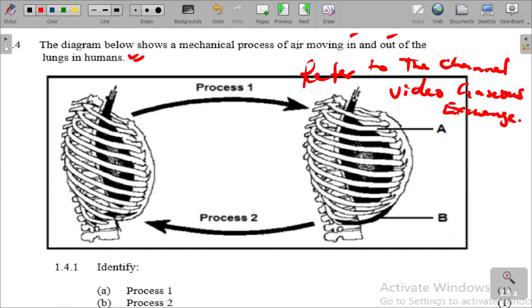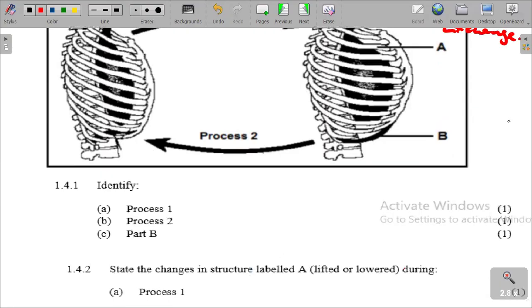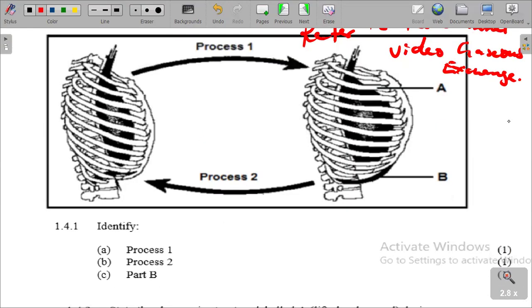When you talk about inhalation and exhalation, identify the processes. Process one results in the increase in the chest cavity. The lungs become bigger, and the intercostal muscles expand.